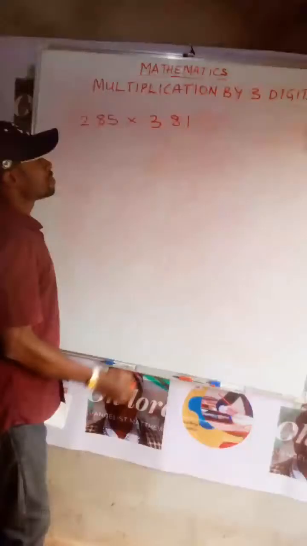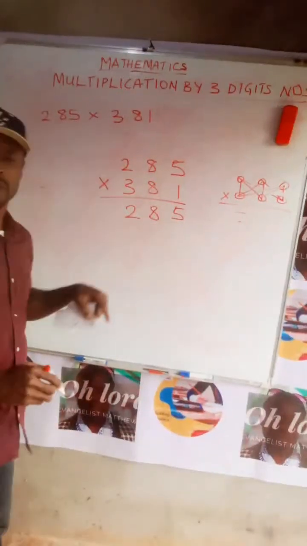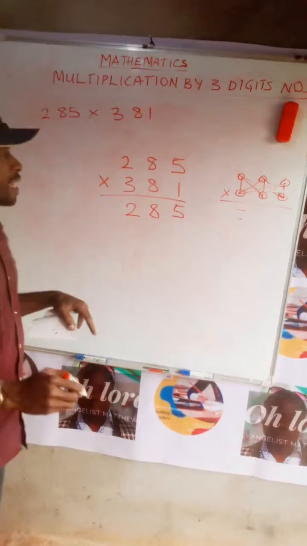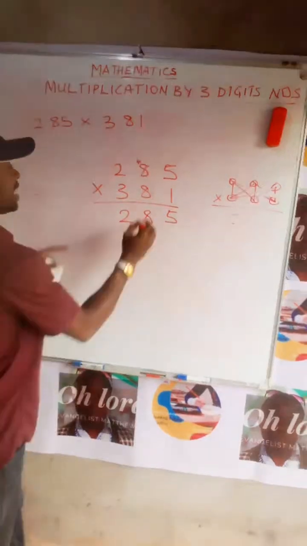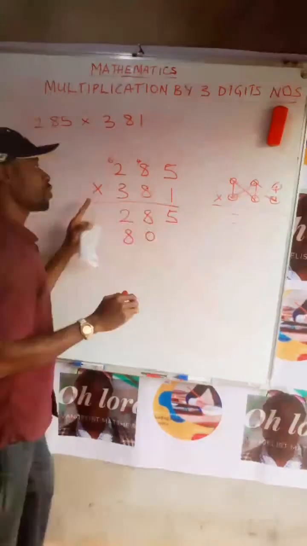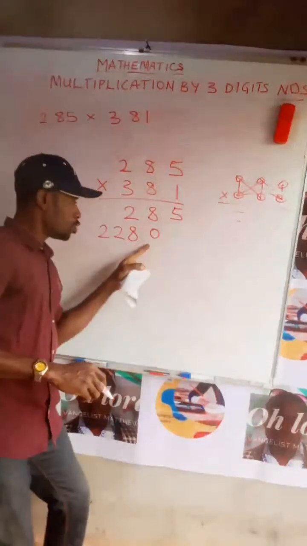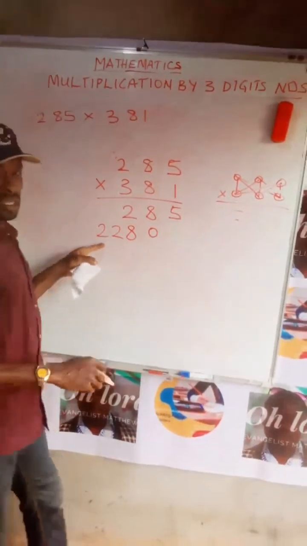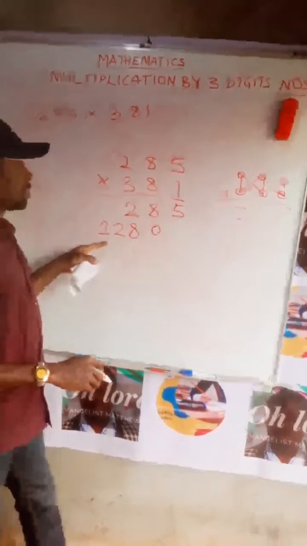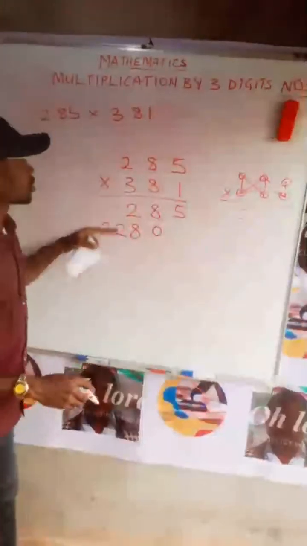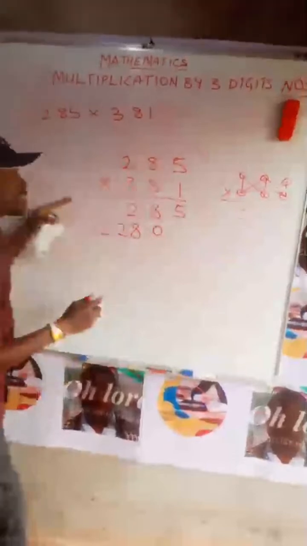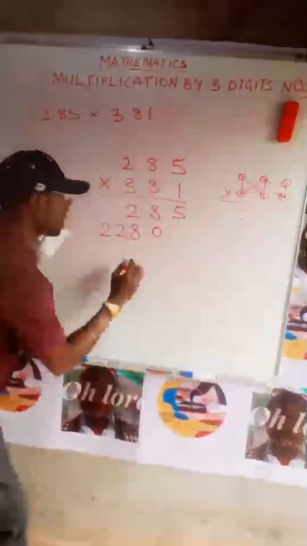Solve this number. 285 times 381 should give us this number. Are you getting me? So now let's go to the next number. 3 times 5 is 15.